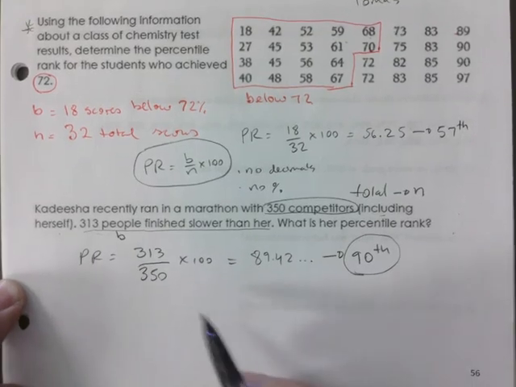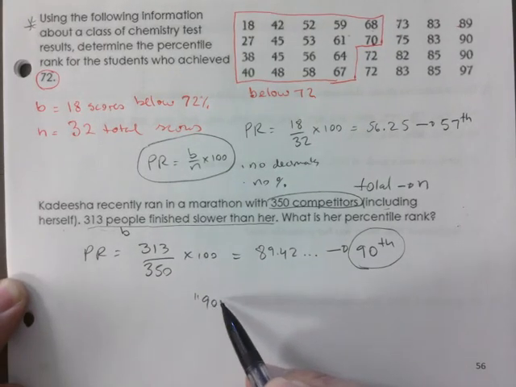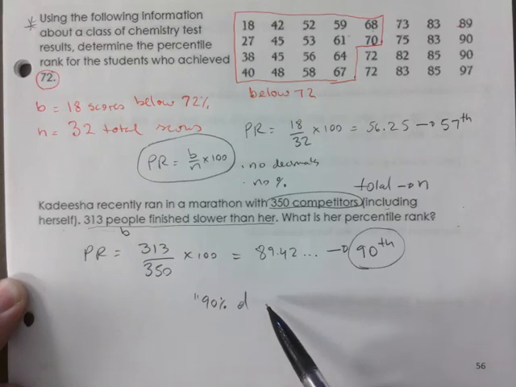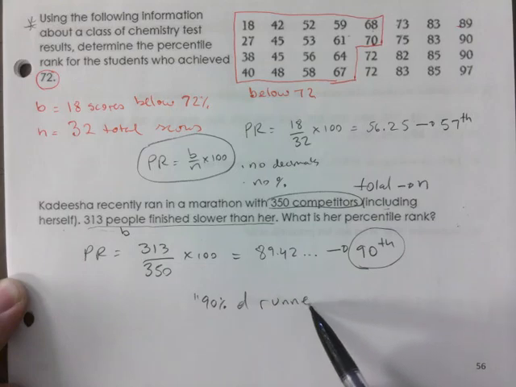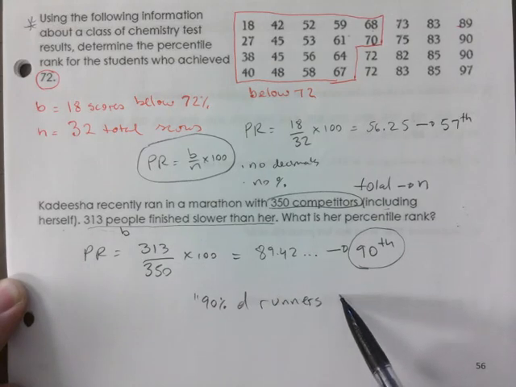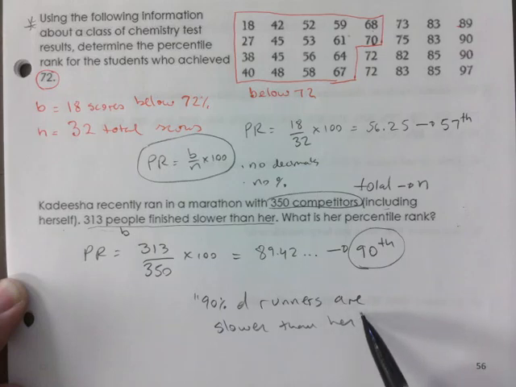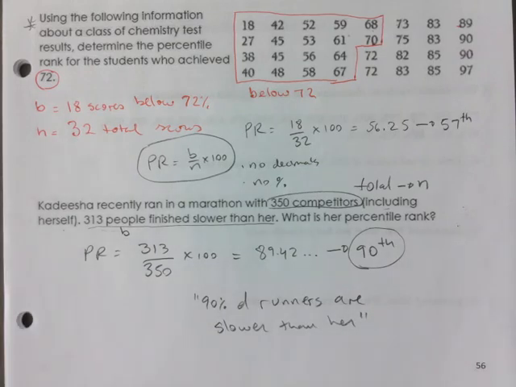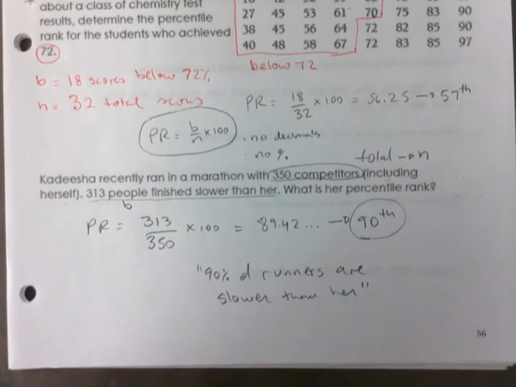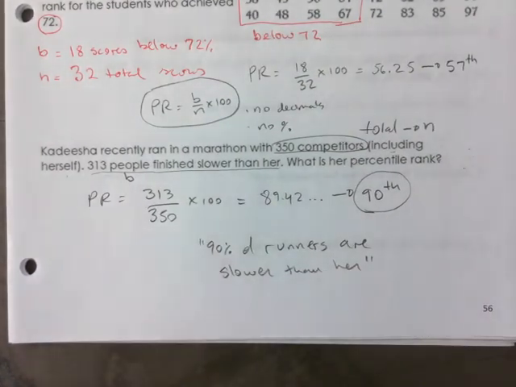Okay, what does that mean? 90% of participants, right, runners, are slower than her. Do we know her actual time? No. And in this case, we would not be able to find out because we don't have that information. We just know how many were there in total, how many were below.